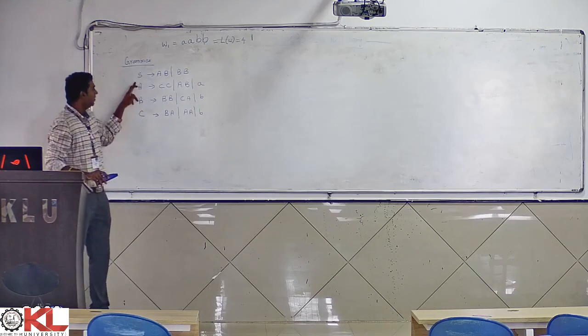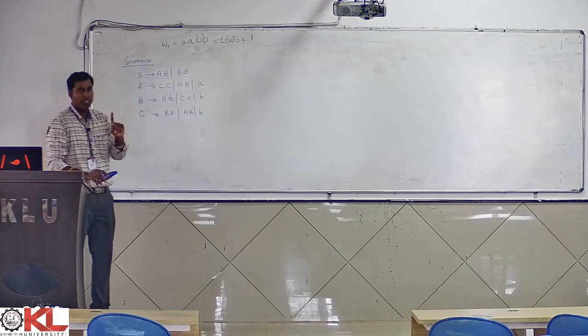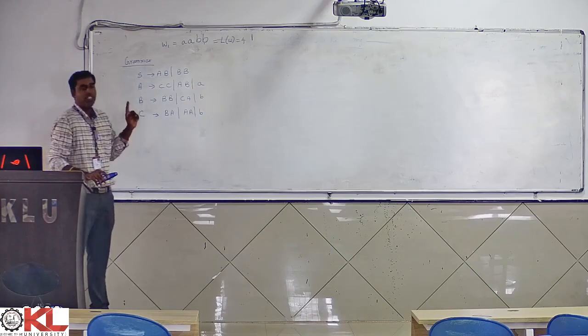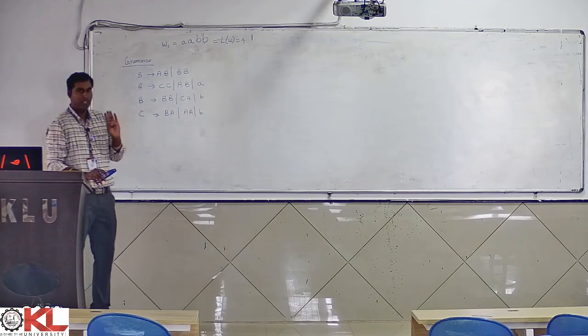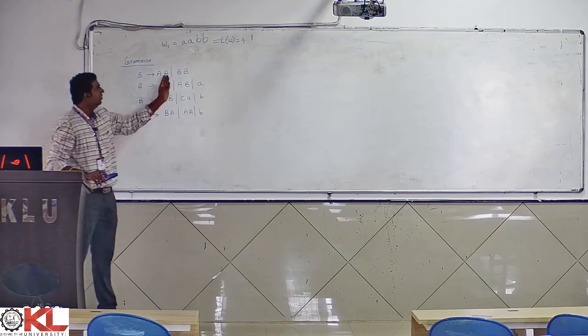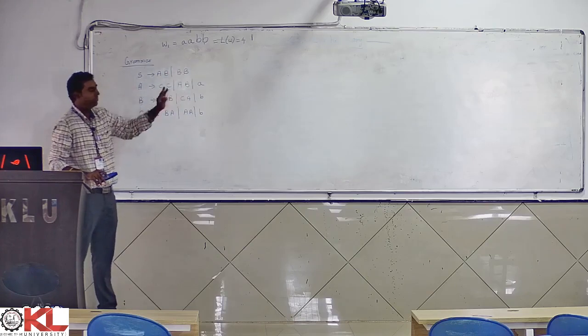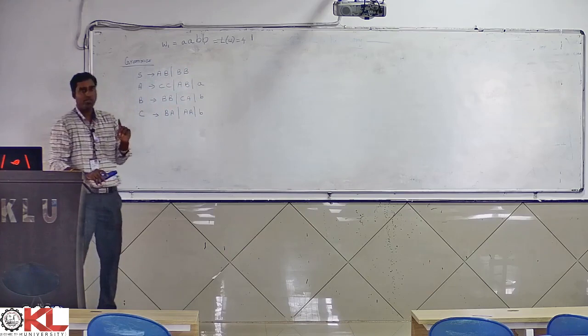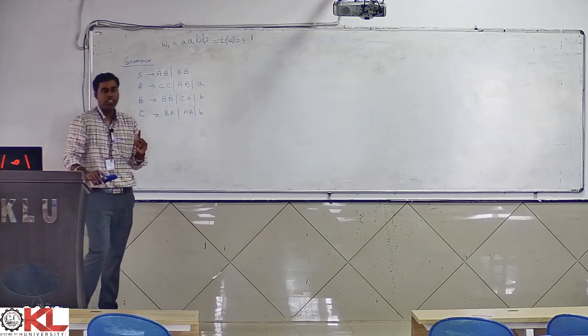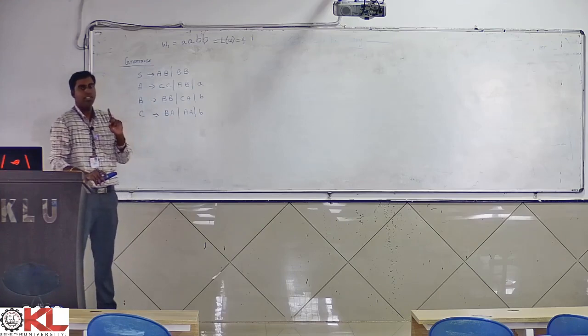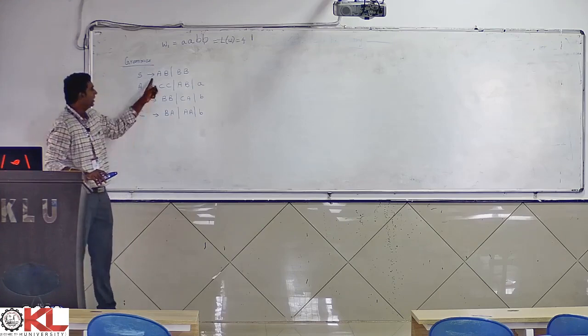See here, on the left side there is only one symbol. First I am checking whether this belongs to Chomsky normal form or not. Only if it is in Chomsky normal form can we use this CYK algorithm. What is Chomsky normal form? The right hand side consists of a maximum of two non-terminal words or a single terminal word. I am checking here.